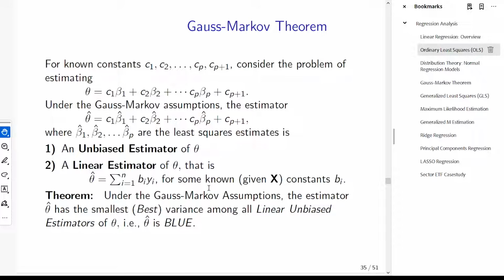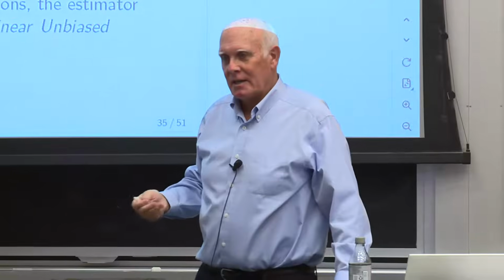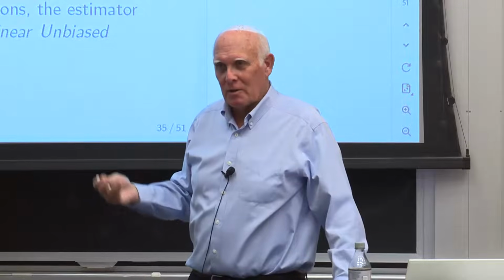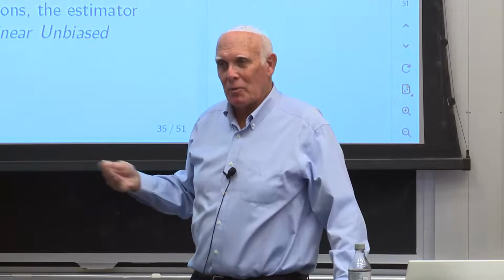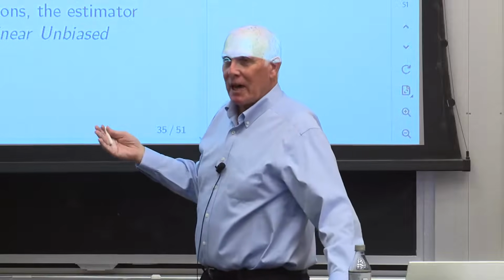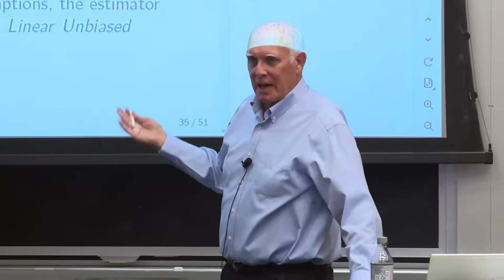And what's important, as it's framed here, it's quite general, but think about this. If we have the constants C1 through Cp correspond to specific values of the explanatory variables corresponding to a different case, then we can be estimating the true mean value for a given case of the x variables.